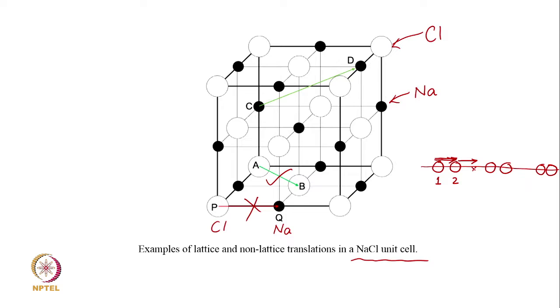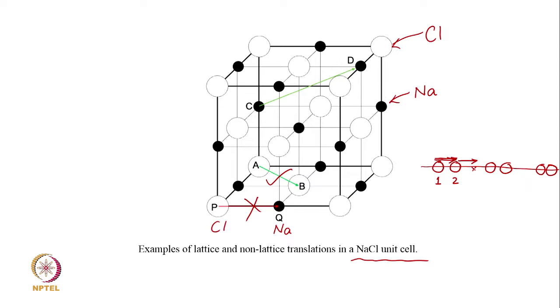So, 1 has a neighbor on its right, 2 has a neighbor on its left. So, this right left inversion also is noticed when defining the translational equivalence.